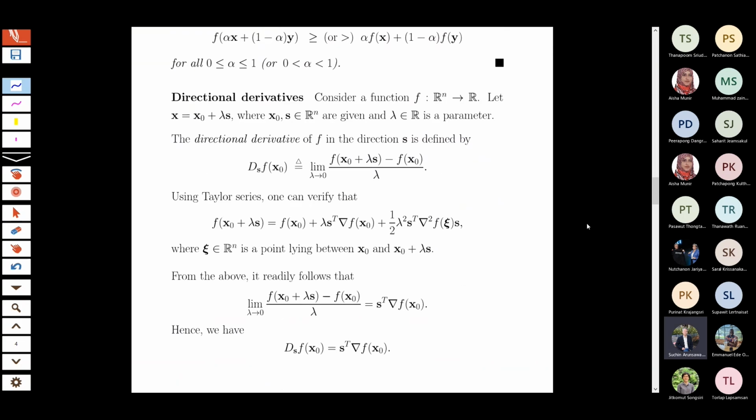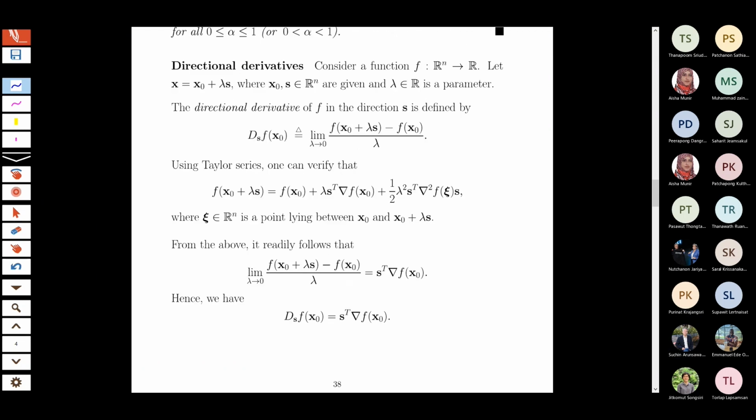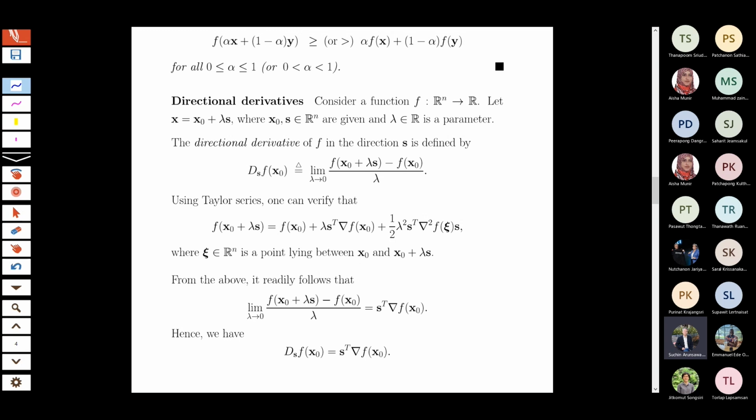Here we consider a real-valued function f of n variables, and we write x as x naught plus lambda s, where x naught and s are vectors in Rn space, and lambda is a scalar, a parameter in this case.